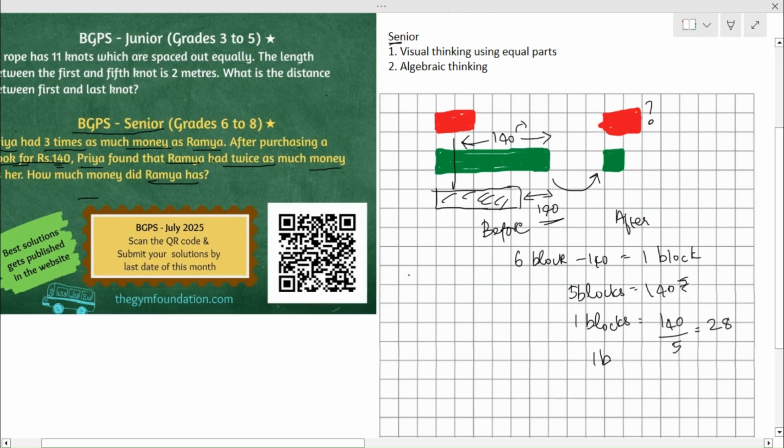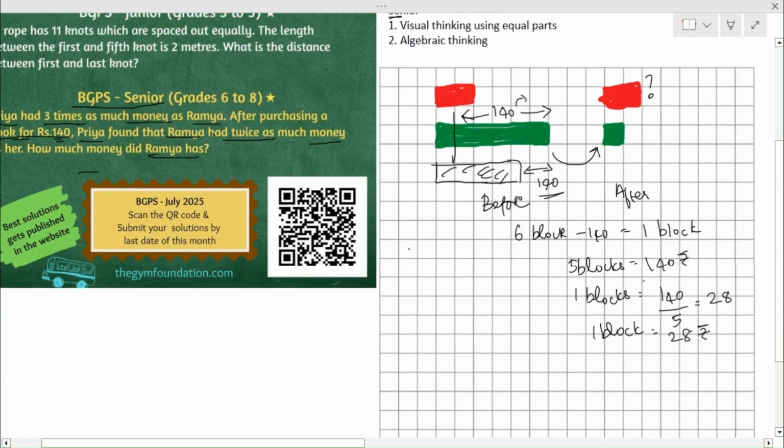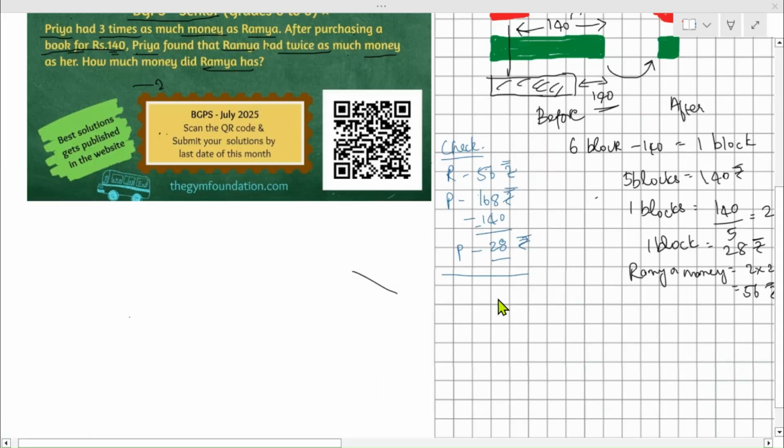So one block is 28 rupees. And the question is not asking you for one block, but how much money Ramya has. And Ramya is actually having two blocks. So then Ramya's money is 2 times 28, and that is 56 rupees.